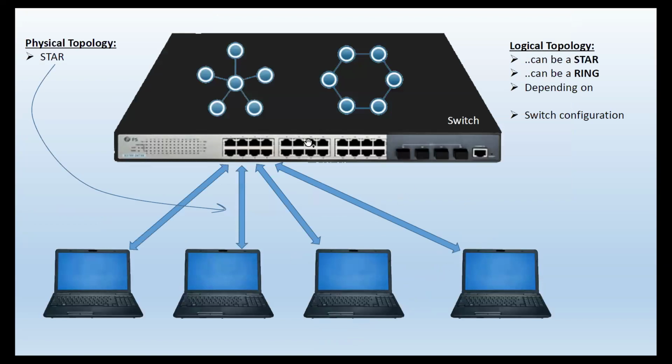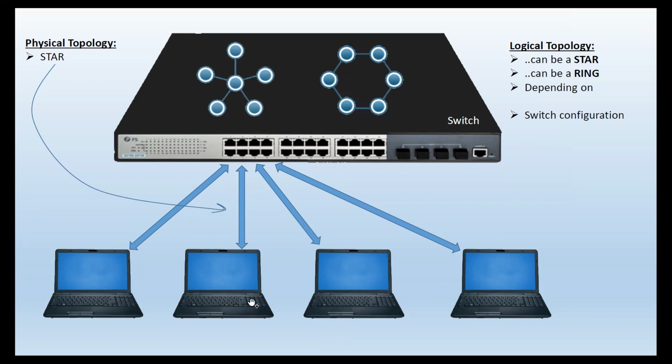Here's a switch, and here are a bunch of PCs connected to the switch, each to an individual port, and it's a star physical topology. Now, logically, hypothetically, philosophically, it can be either, because this can be a star or can be a ring depending on the switch configuration. If the switch is configured to direct the traffic in the star topology between those PCs, then it's going to be physical and logical star topology.